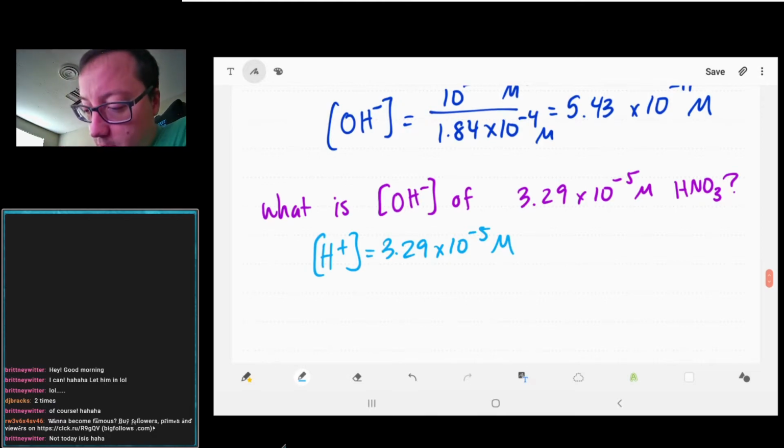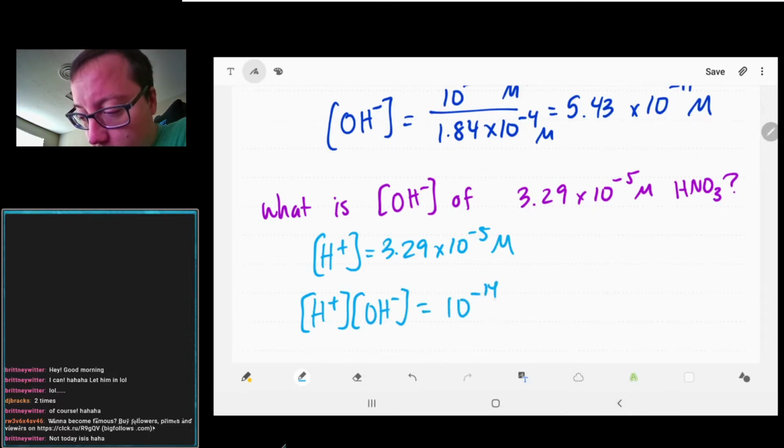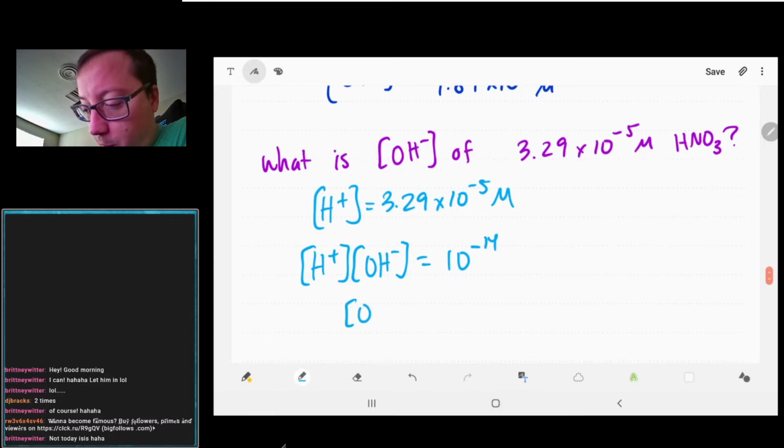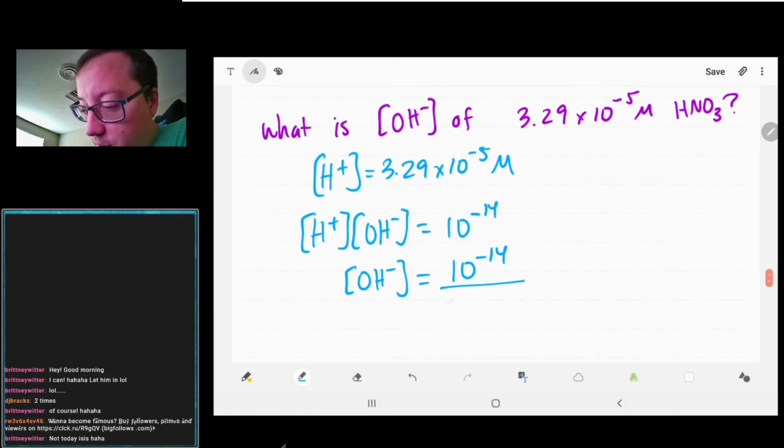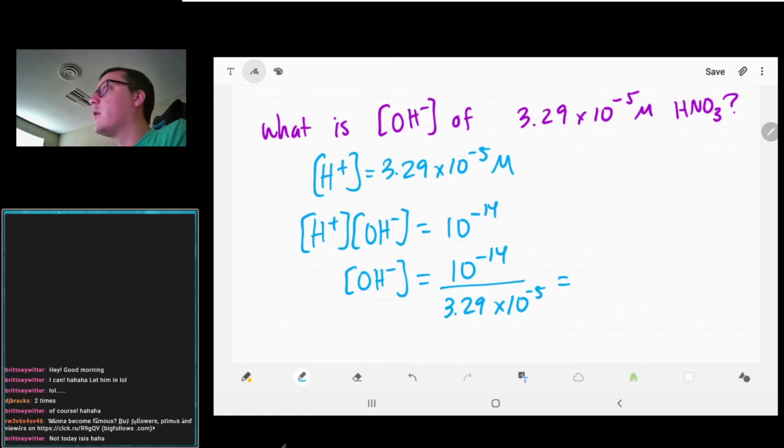So remembering that H plus times OH minus is always 10 to the minus 14, if we were to calculate OH minus, that would be 10 to the negative 14 over our, and I'm just going to omit the units, 3.29 E negative 5.